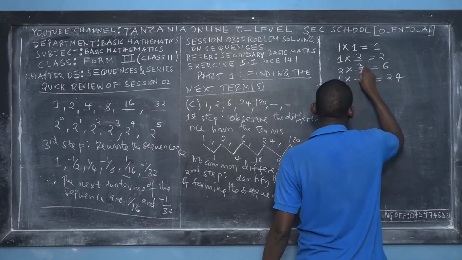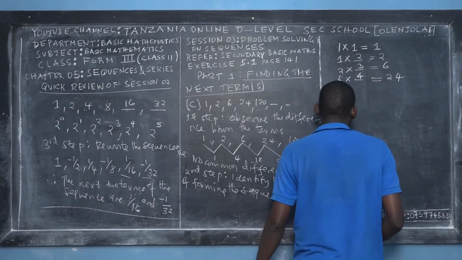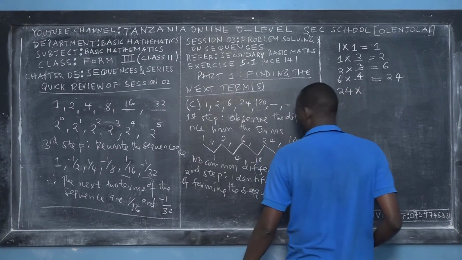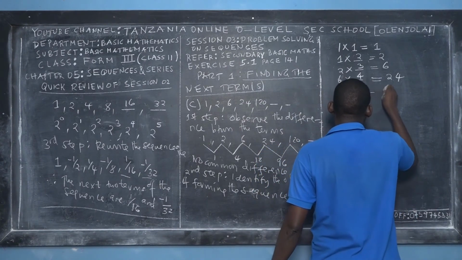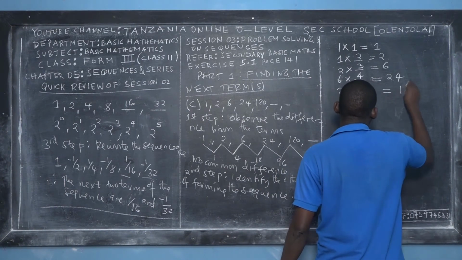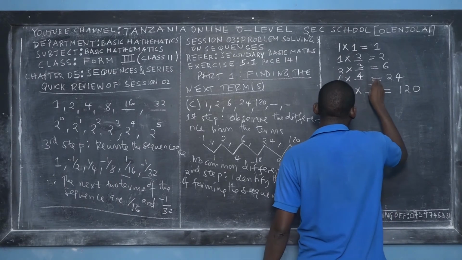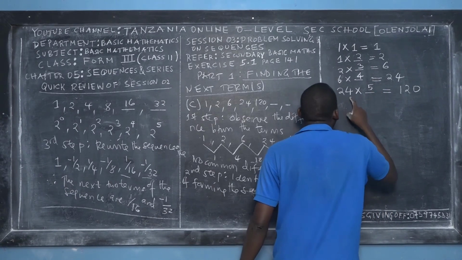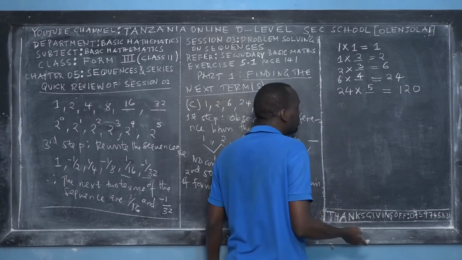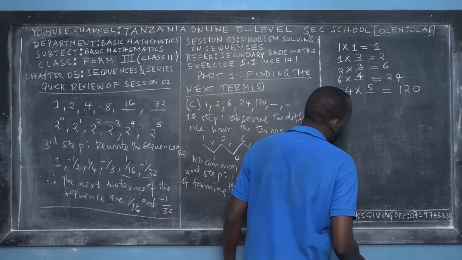The answer is 4. So 6 times 4 is equal to 24. Then again we take 24. What number should we multiply with 24 in order to get 120? We have to take 5, because 5 times 4 we get 20, we write 0, we keep 2. 5 times 2 is 10, plus 2 is equal to 120.